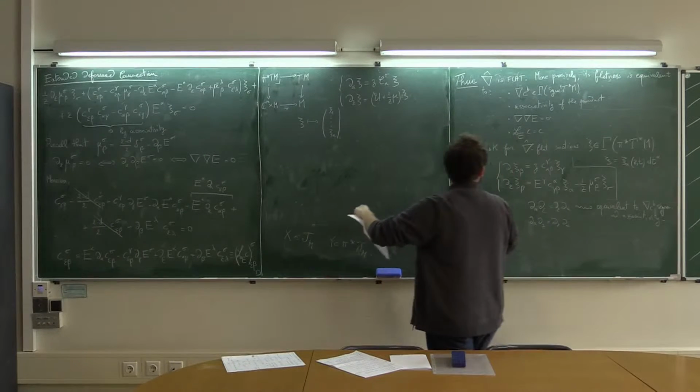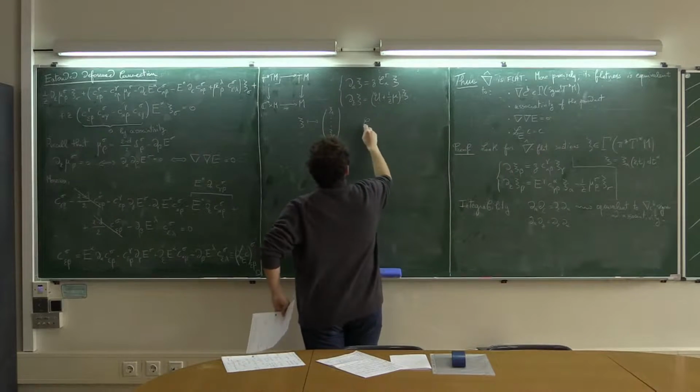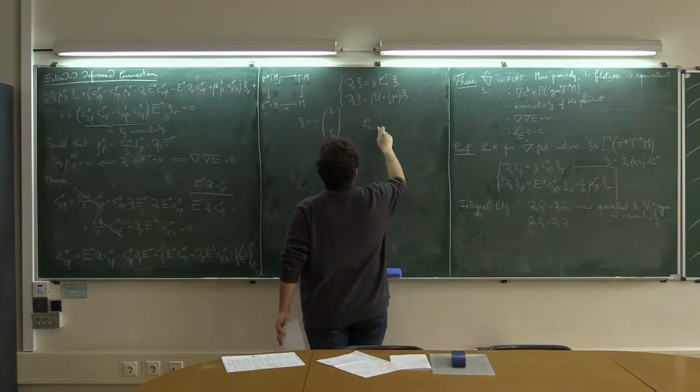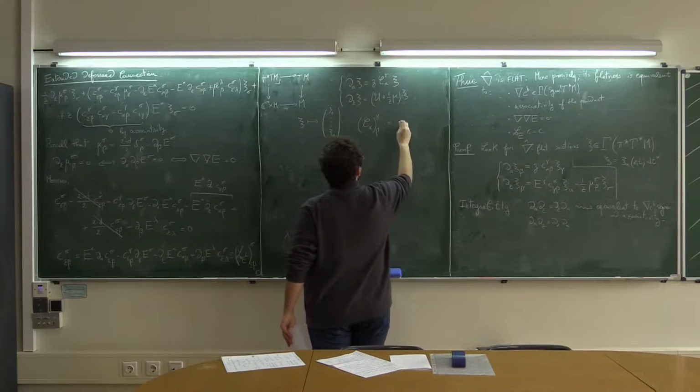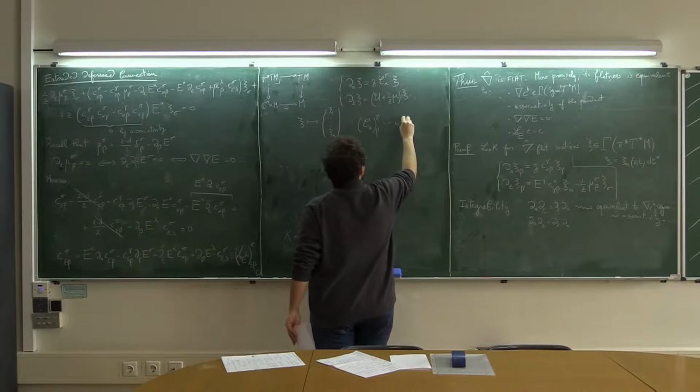And C alpha denotes the matrix of operator by multiplication. So the entries beta gamma of this operator are just C alpha beta gamma.